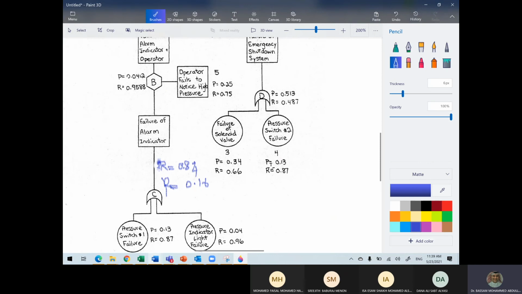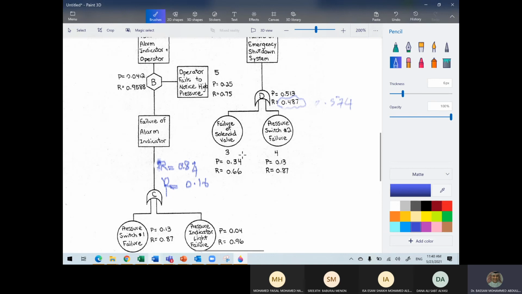And then of course we have an OR gate. You multiply the reliabilities, 0.66 multiplied by 0.87, it will be 0.5... again 0.87, because I got a different answer. 0.87 multiplied by 0.66 is 0.574. There's an error here. This is where, if you get things online, you get things wrong. Here it's 0.474.